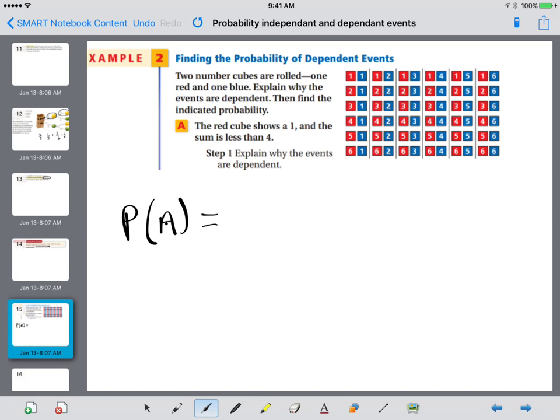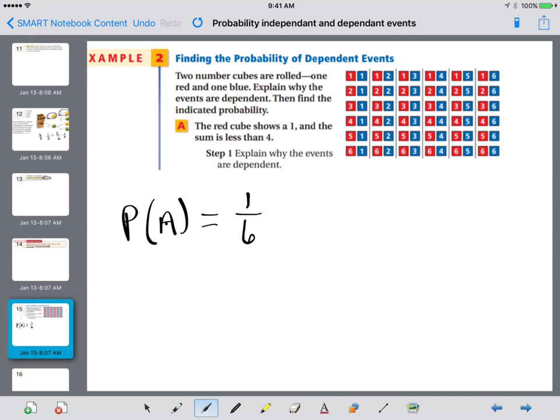If we look on here, how many times does a red cube show up as a 1? Well, it shows up 6 times out of 36, which reduces to 1 out of 6. So you can think you have a 1 out of 6 chance of the red cube showing up as a 1.